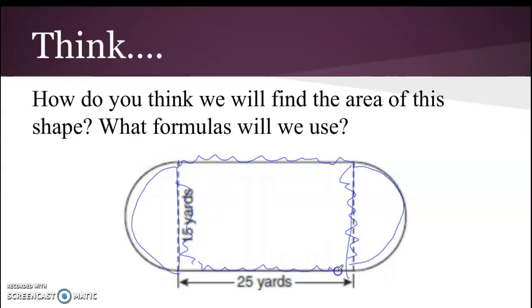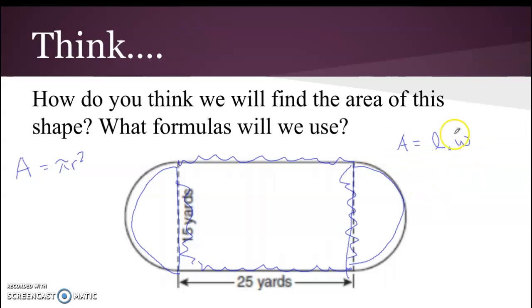So if I want to find the area of this entire thing, it's two halves of a circle, which would make a circle. So we're going to use the area of a circle, which is pi r squared, and then the area of a rectangle, which is length times width.